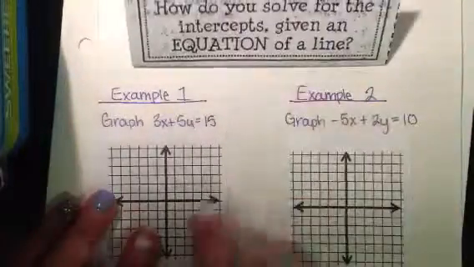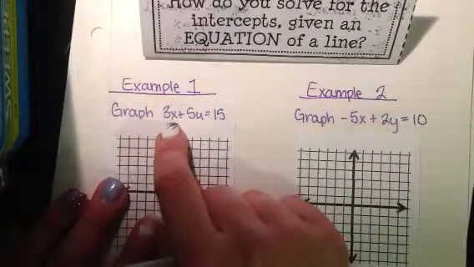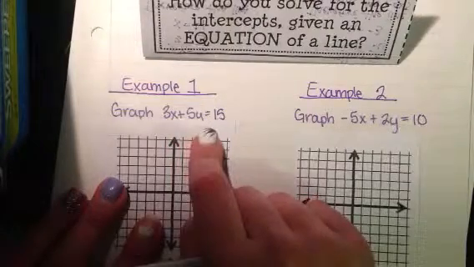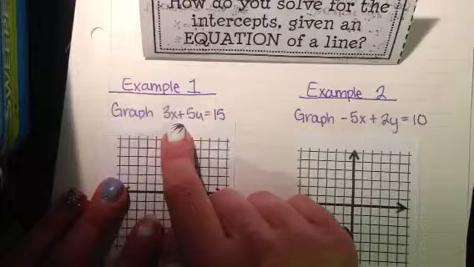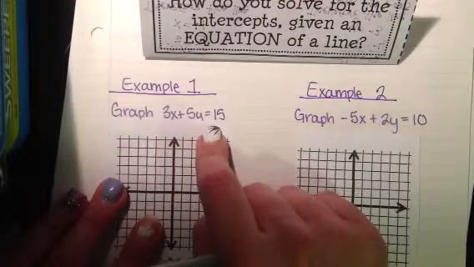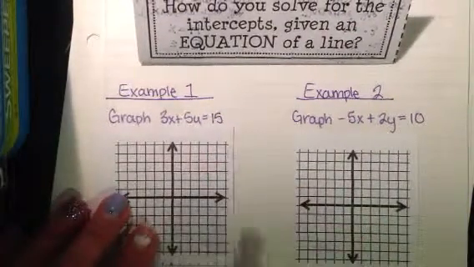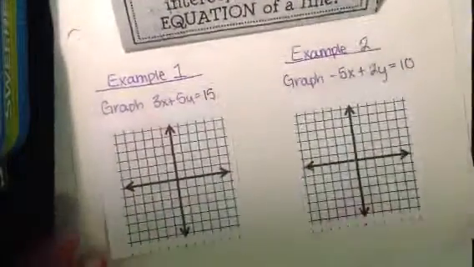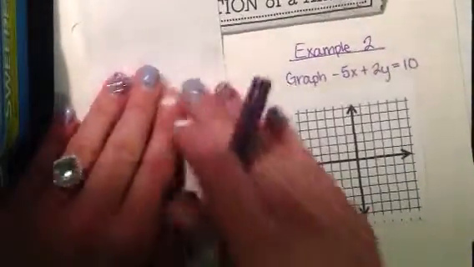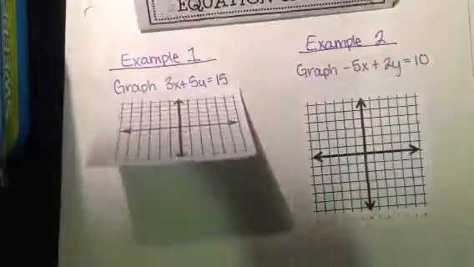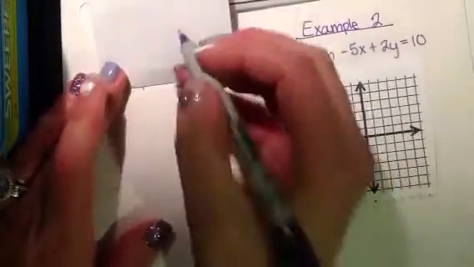Hopefully you've left enough room to write down example 1. Graph the equation 3x plus 5y equals 15. Well, we're not going to do this by making a table. Instead, we're going to do this by solving for our x and y intercepts. I'm going to rewrite the equation underneath here so we don't forget it.